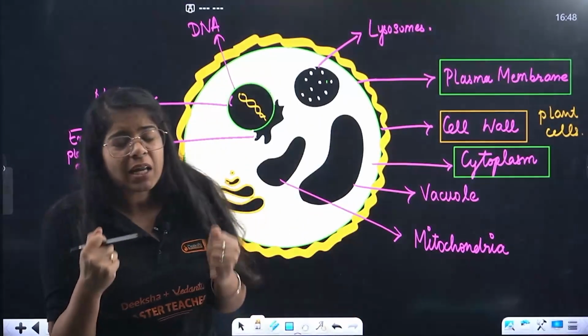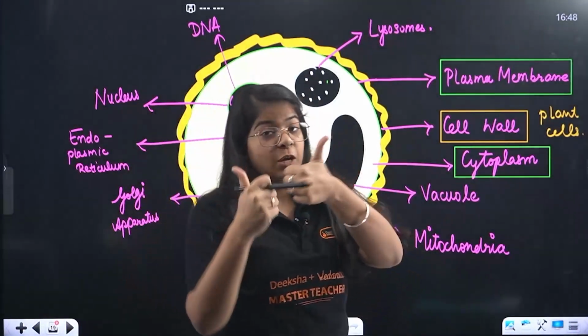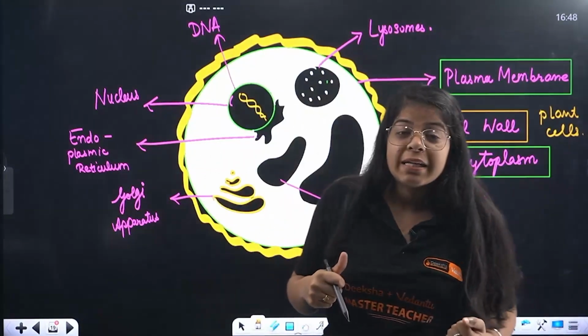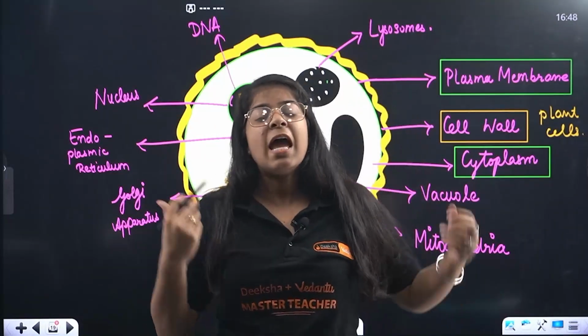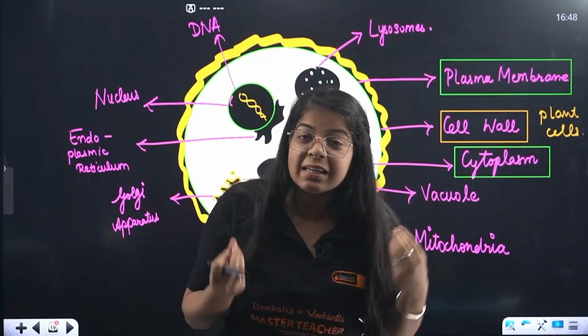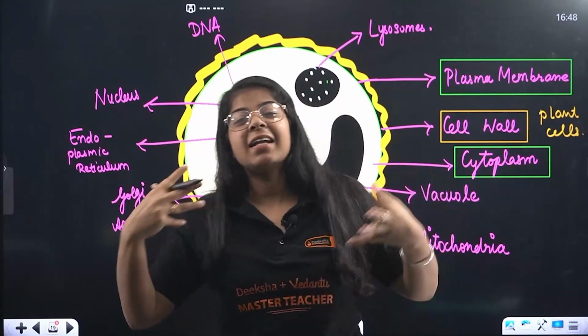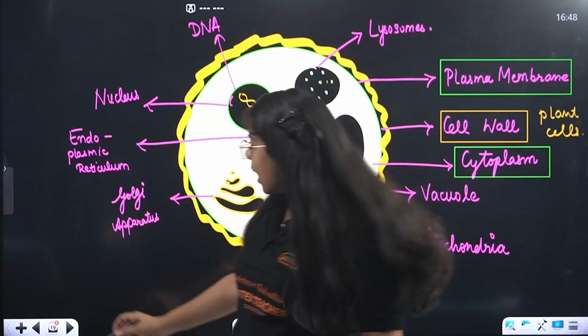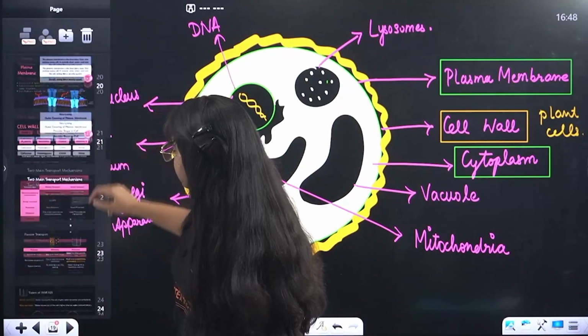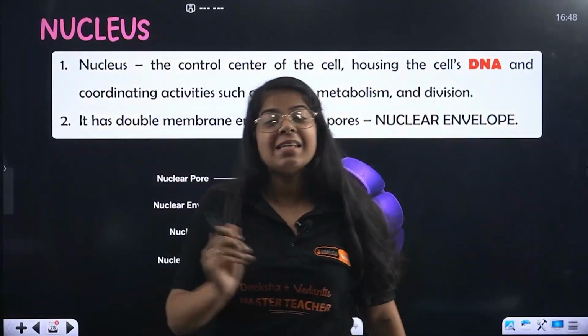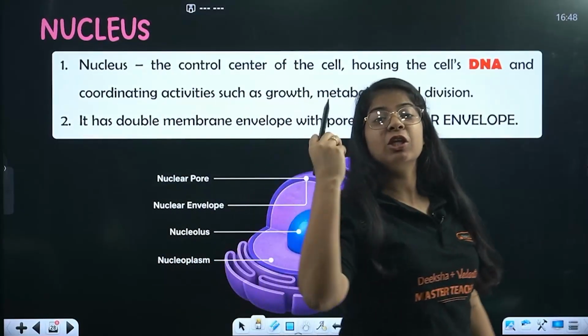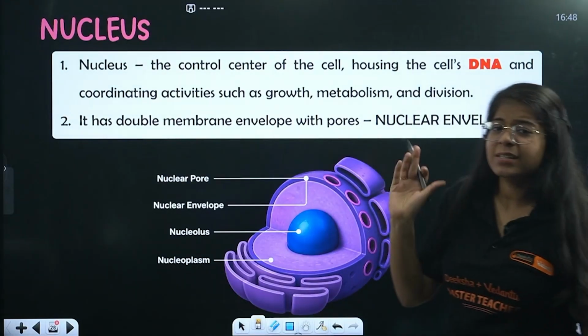It carries all our information, the length, the shape of my thumb, my eye color, maybe my height, maybe my color of the skin. Everything is harbored in those genes, in that DNA. Now, just like in the cell we have cytoplasm, we also have nucleoplasm inside the nucleus as well.